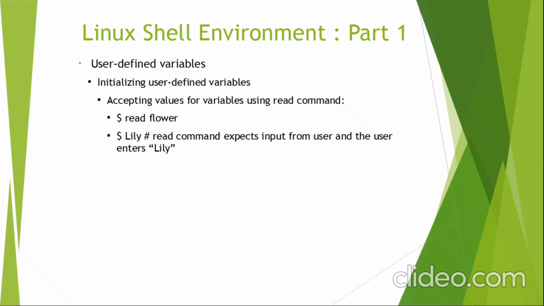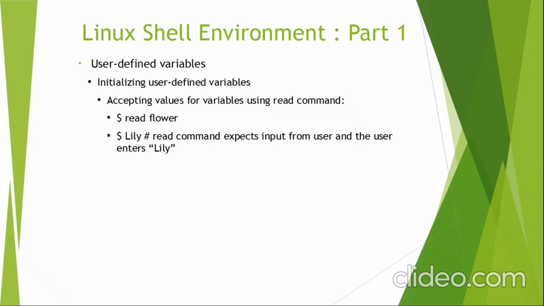So we saw one way of initializing user-defined variables, that is variable name equal to its value. There we saw that before and after the assignment operator there should not be any space. We have to be very careful about it. While initializing a variable to a value, we should not prefix the variable with a dollar, just the name equal to value.